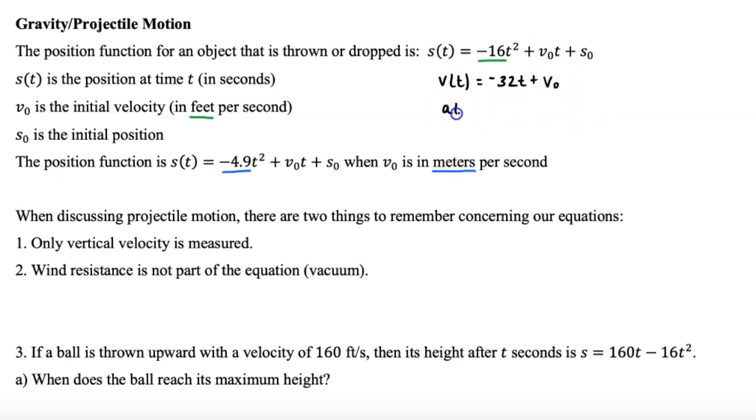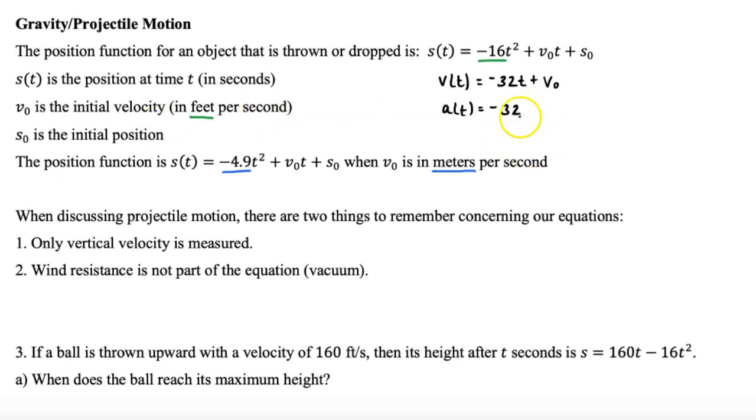Finally, I get the acceleration if I take the derivative of velocity. So if I take that derivative of negative 32t, I get negative 32, and v naught is a constant, so that derivative is just going to be 0.